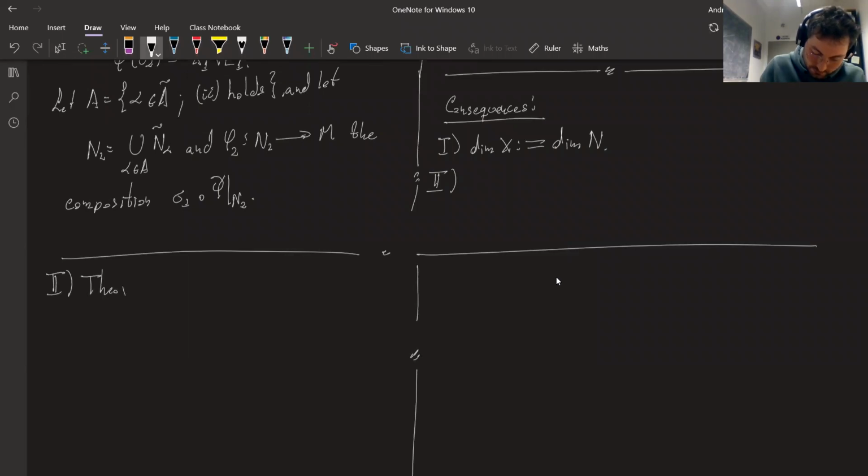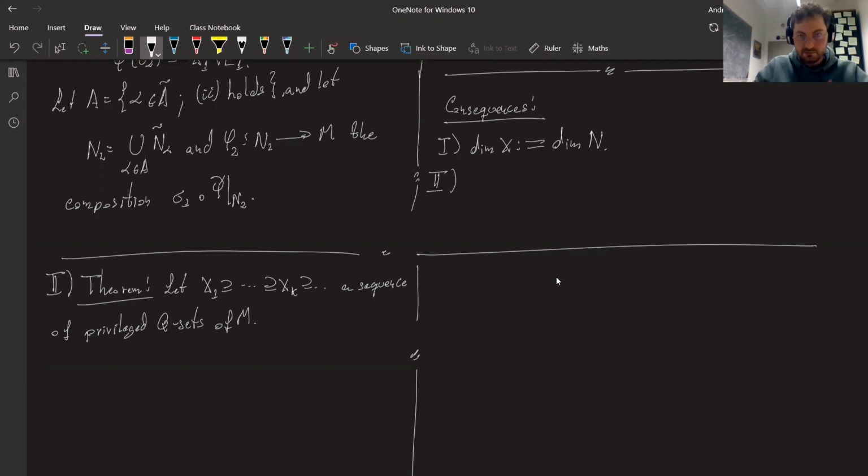There is a theorem which is called topological Noetherianity, quite a useful theorem. So let's take X1, a sequence of, and I'm going to use here the expression privileged Q sets of M. A Q set of M just means that there exists a privileged ideal sheaf whose zero locus is equal to it.